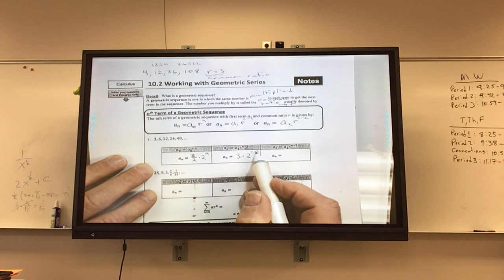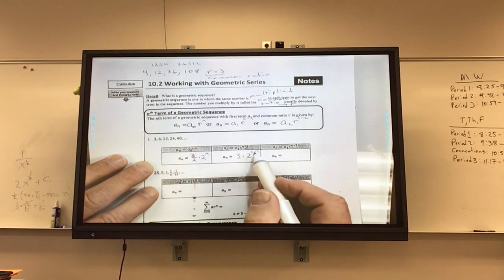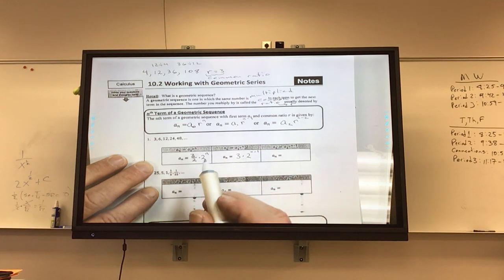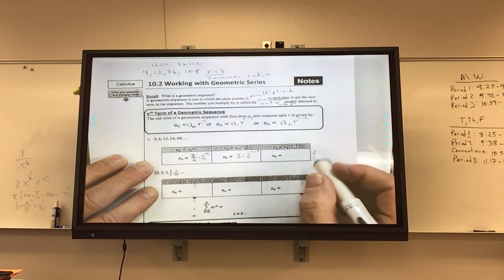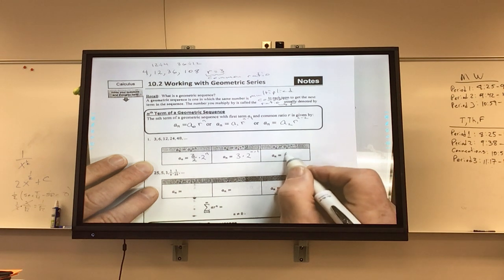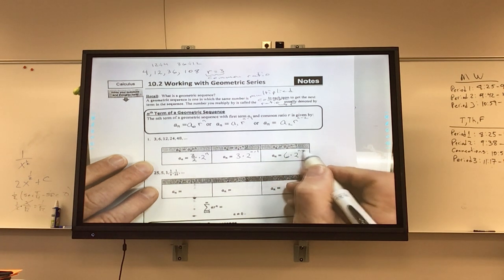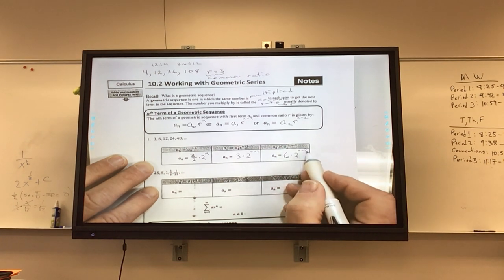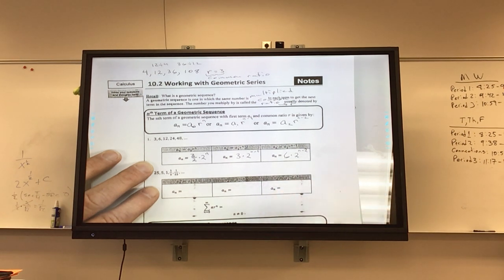So if I put 1 in here, I would get 3. And then we'll have this, 6 times 2 to the n minus 2. And if I put 1 in here, I would get 2 to the negative 1 power, which is a half. 6 times a half is 3.